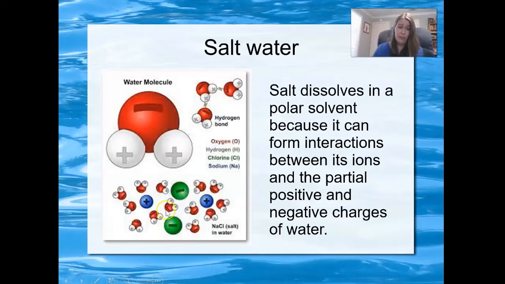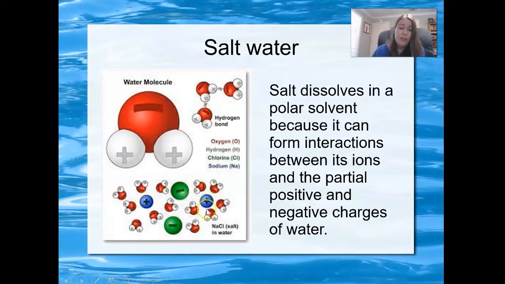So if you look down here at this picture, remembering that water is a polar molecule and it has a more negative end up top and a more positive end on the hydrogens, the partial positive charge on the hydrogens is pointing towards the negative charge on the water. So it's forming an interaction that helps stabilize it.